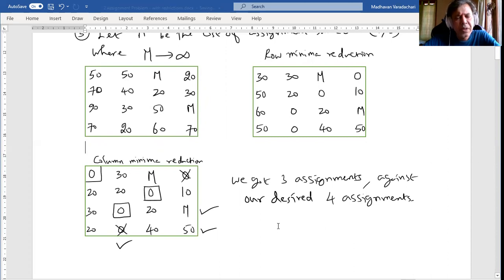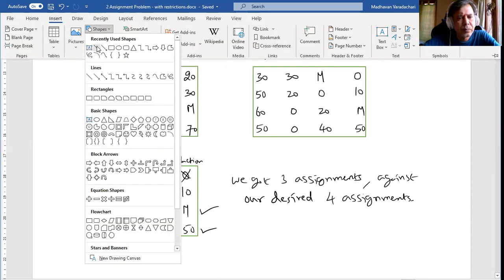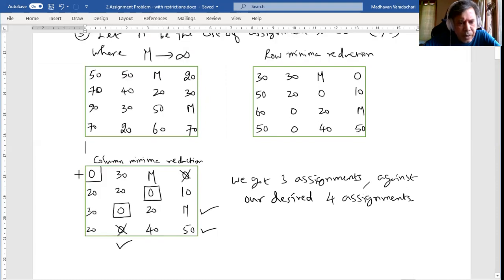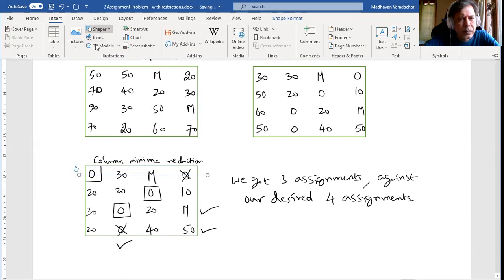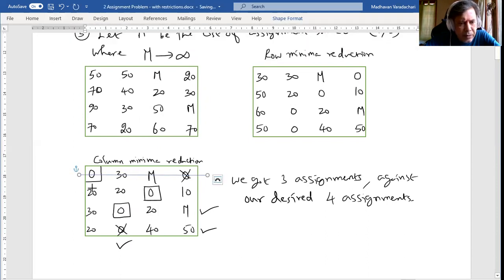Then next step, draw lines through unticked rows. First 2 rows are unticked. You have to draw lines through them, like this, then like this.